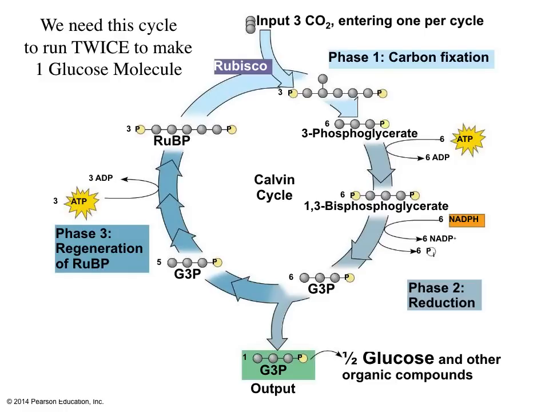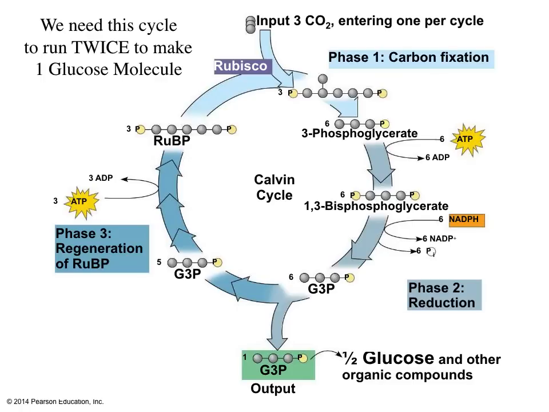Now, notice in the cycle there is ATP that enters to make certain molecules. Notice ATP, the arrow going in, and ADP leaving. And notice also on the right hand side NADPH entering and NADP+ leaving.